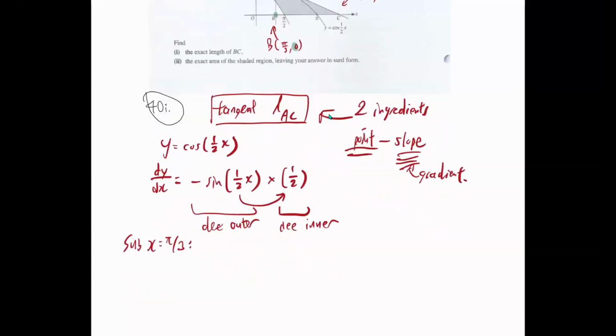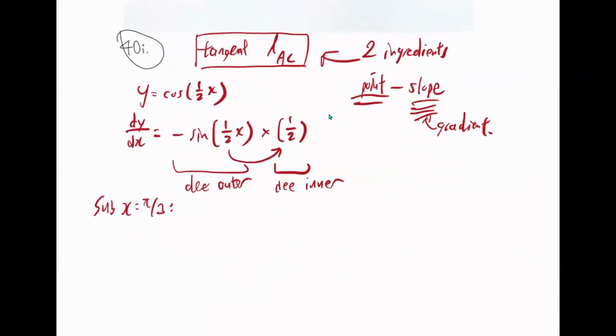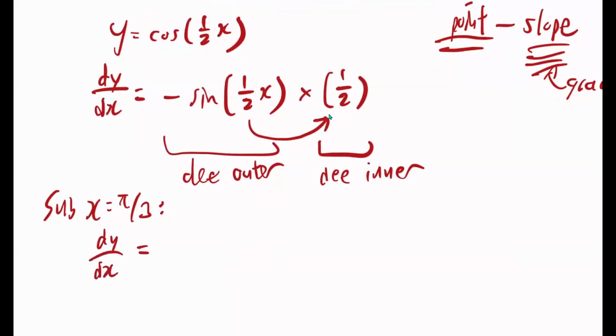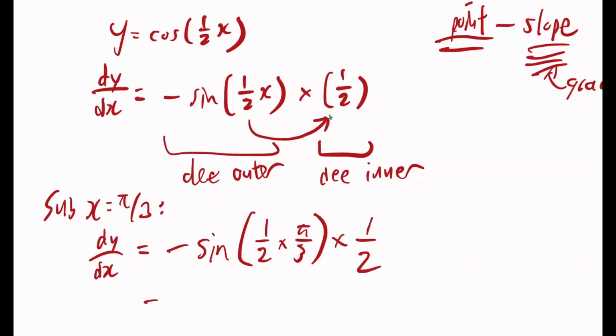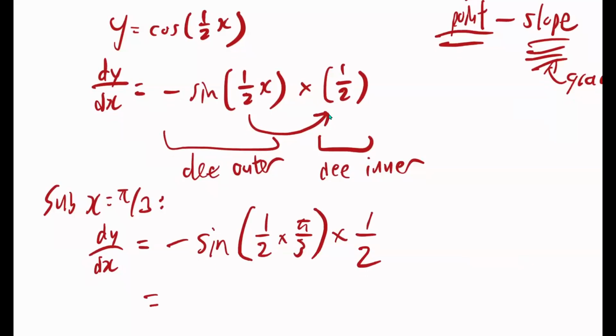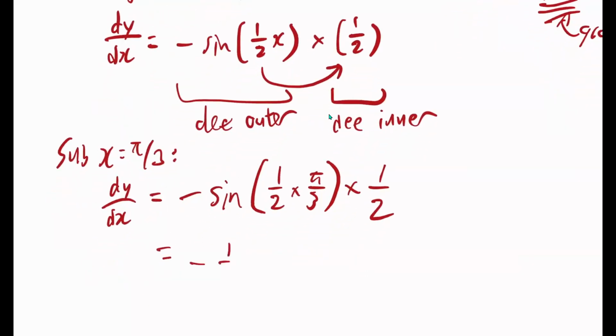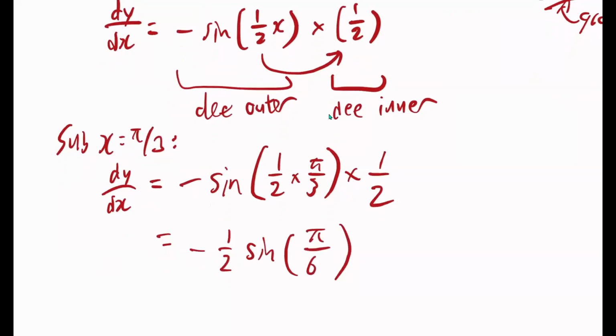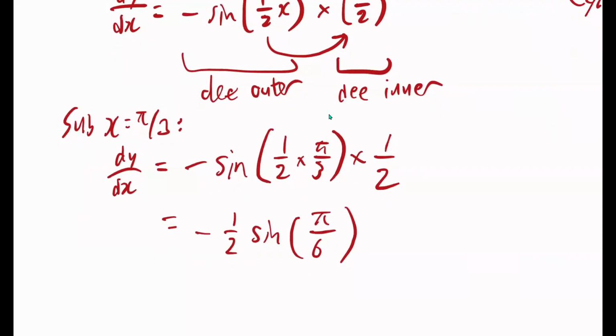What do you get as dy by dx then? Must be negative sine, half times pi over 3, and then times half, correct? Very good. So you're left with negative half times the sine of pi over 6. What's pi over 6? 30 degrees. Sine 30 degrees is?